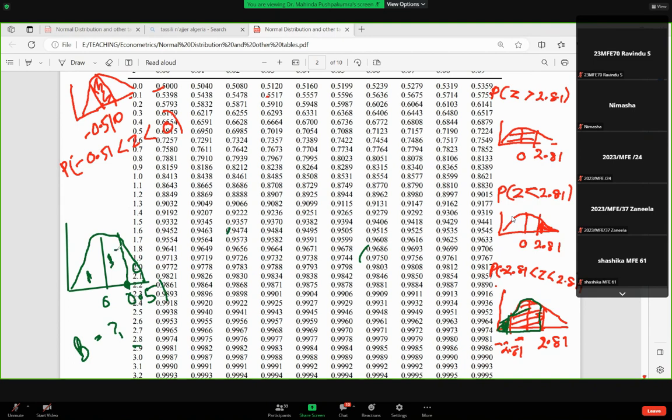Area B. If you read 0.51, what is the answer?